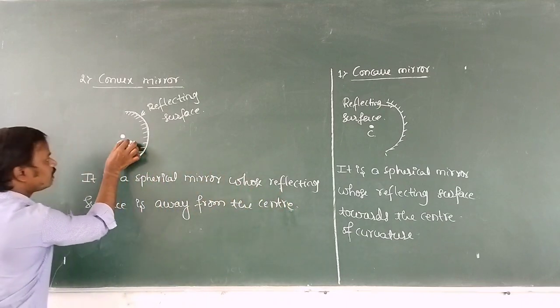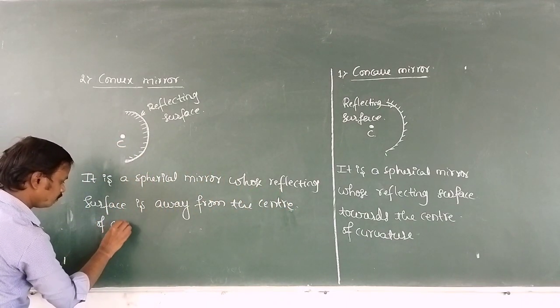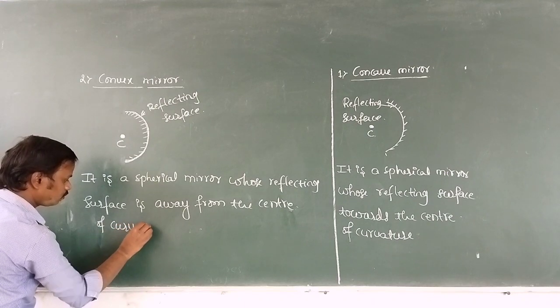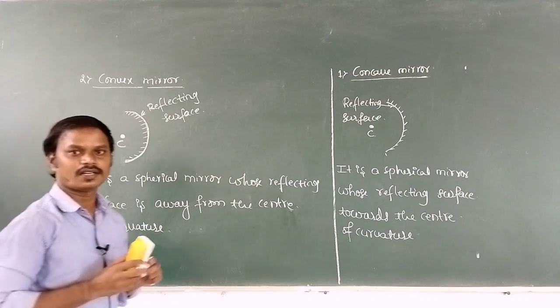So this is called the center of curvature. So this is the definition of a convex mirror.